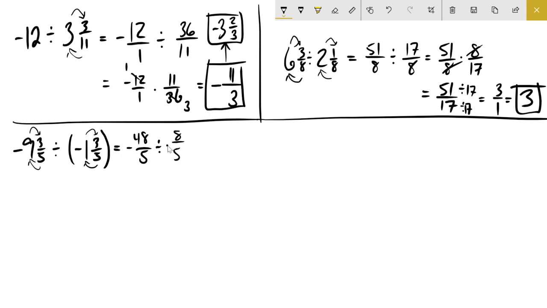Technically, I'll include that they're still negative. Then we rewrite this as multiplication and flip the second one, right? The 5s are going to cancel. And what is 48 over 8? Those are both divisible by 8, so this really just becomes 6 over 1, which is just 6.